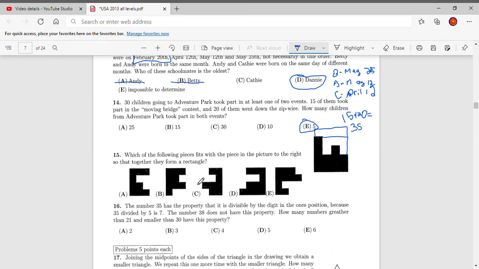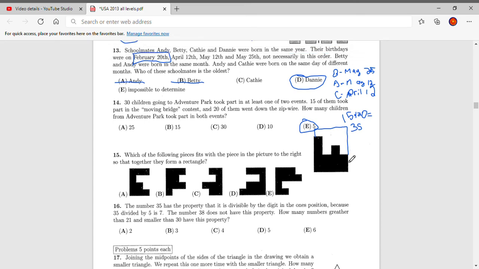So now we look at the answer choices. Which of the following looks like this? Well, it can't be A because in this case it only has one cube over here, but after the third one you see there are two cubes.